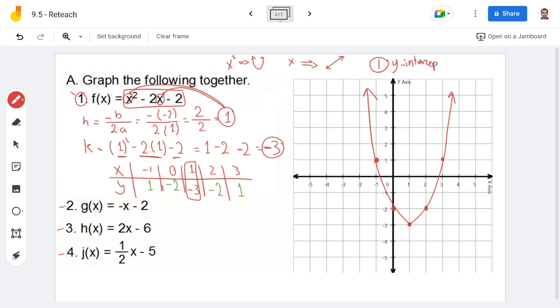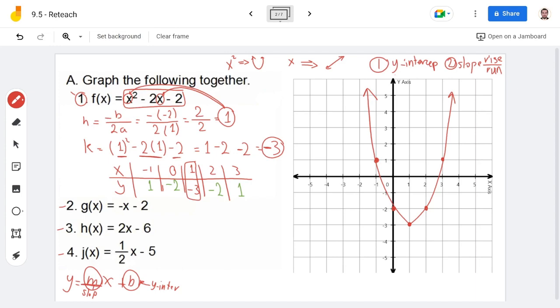Then, number two, we find the slope, which is rise over run. We know that the formula is y equals mx plus b. b is the y-intercept, and m is my slope, rise over 1.